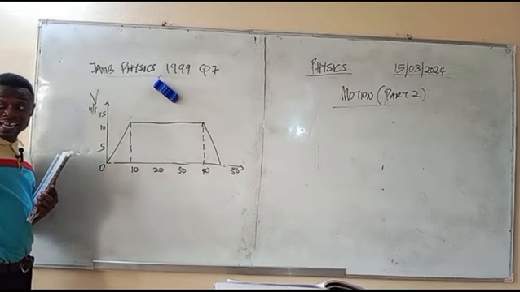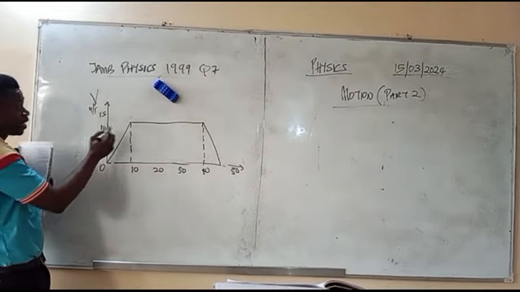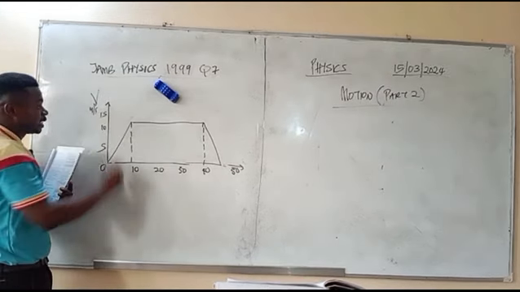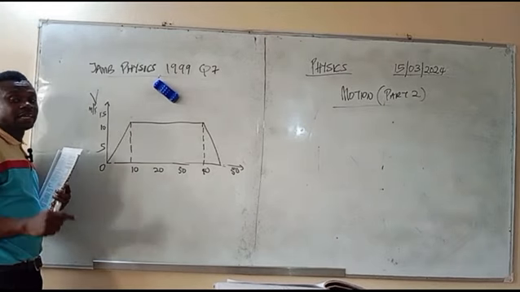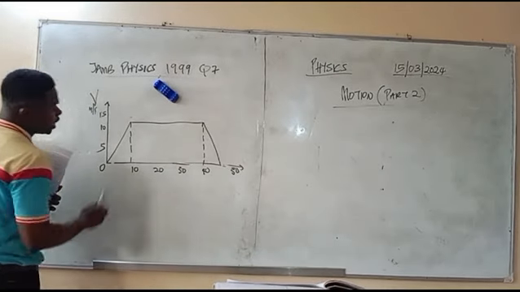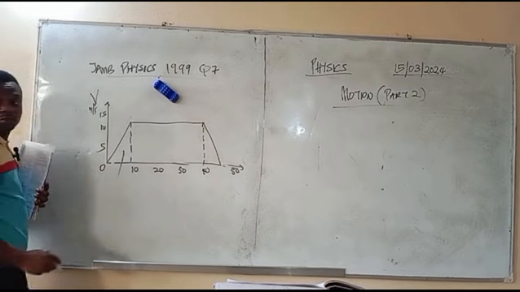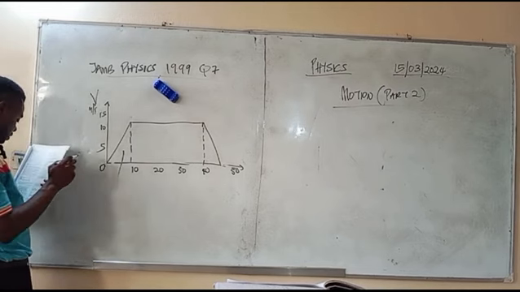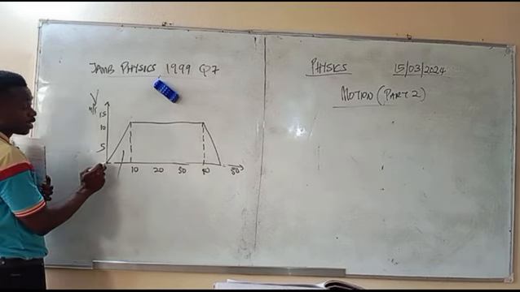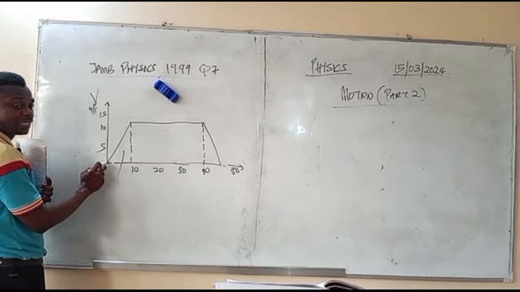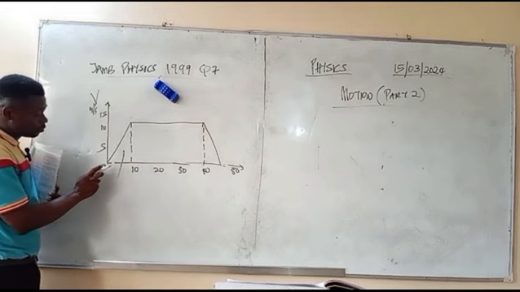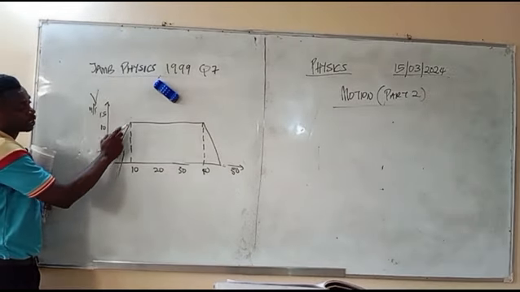Now, this is acceleration, because it accelerated from 0 here to this point, and becomes constant, true or false? When you get to these points, it retards until the velocity becomes 0.